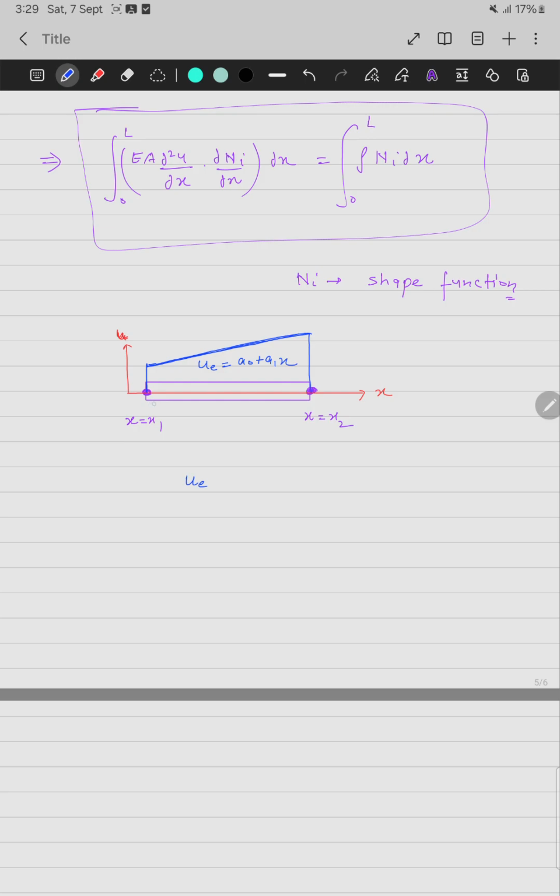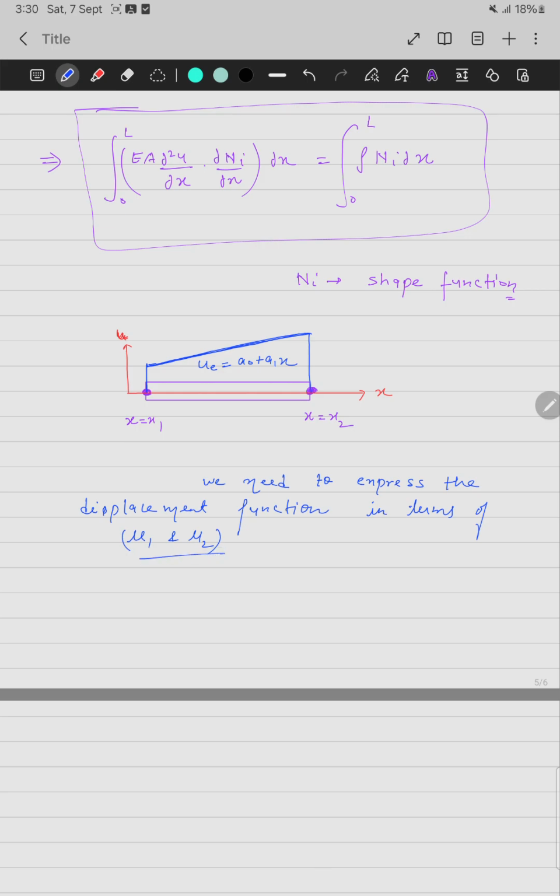At x1 we have some constant displacement, and in the same way at x2 we have some constant value of displacement. So we need to express the displacement function in terms of u1 and u2.